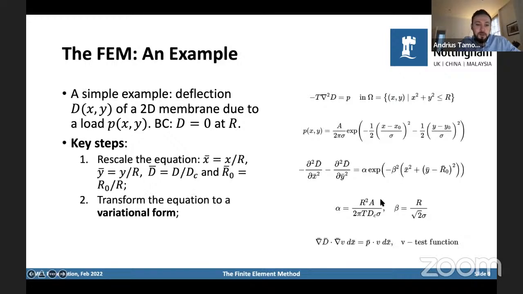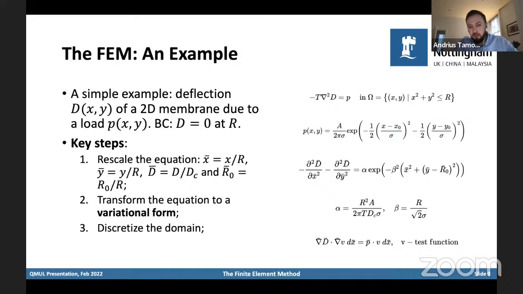Then we can use FEniCS to transform this to a variational form, which is just multiplying both sides by a test function. The shape of this function doesn't really matter, because there's a theorem that says it should work for any form of this function. And then you use Green's function, or basically integration by parts, to express it in a variational form.